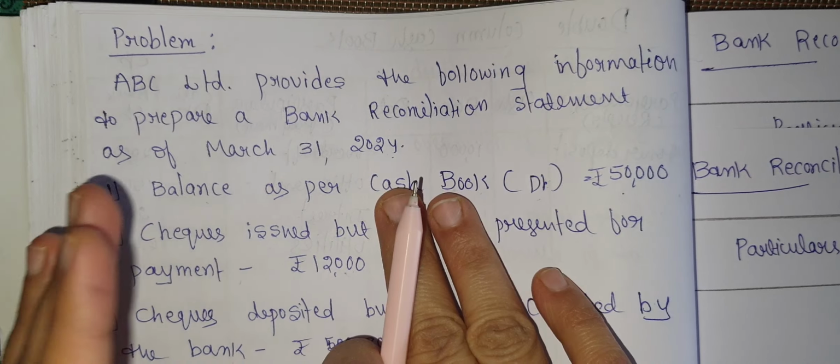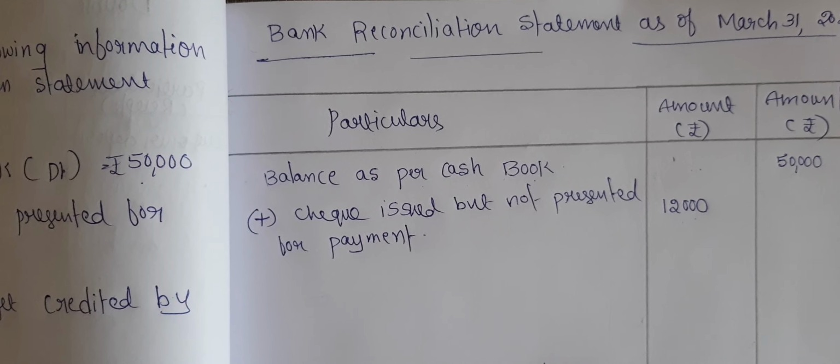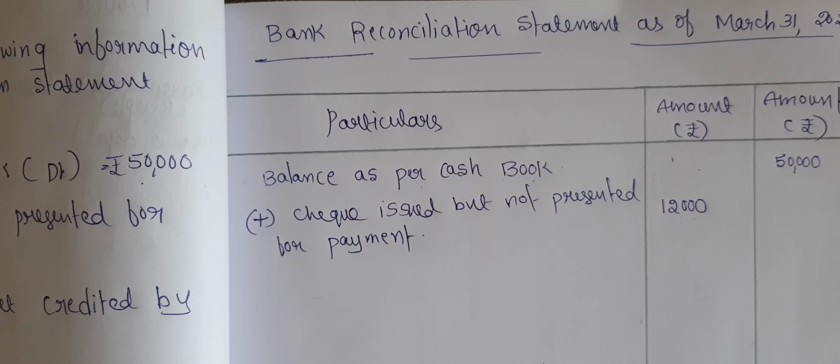Now see the format of bank reconciliation statement. This is the format. There are mainly three columns: particulars, amount in the inner column, and amount in the outer column.